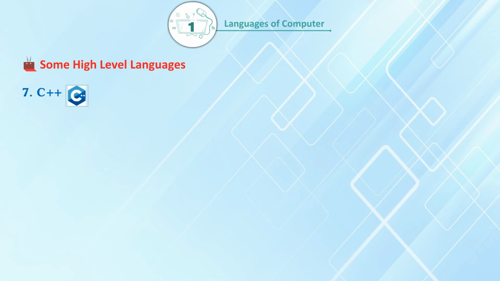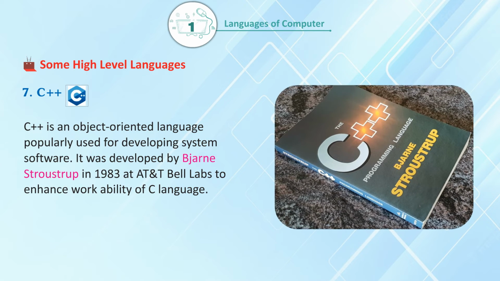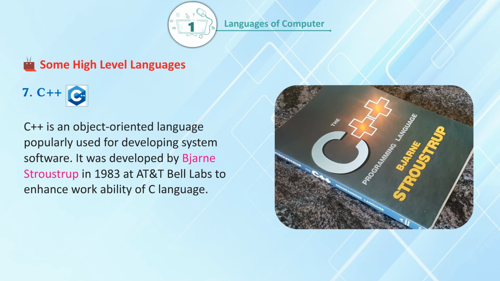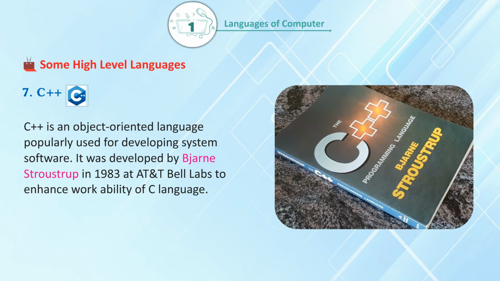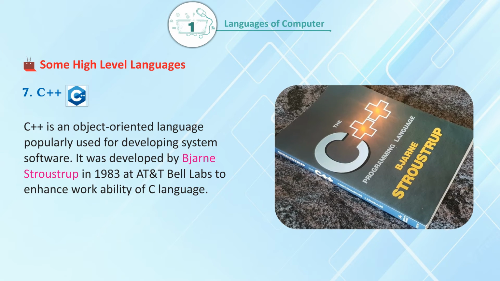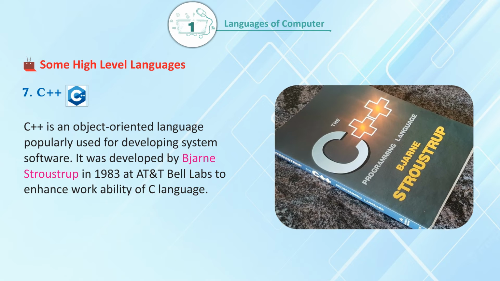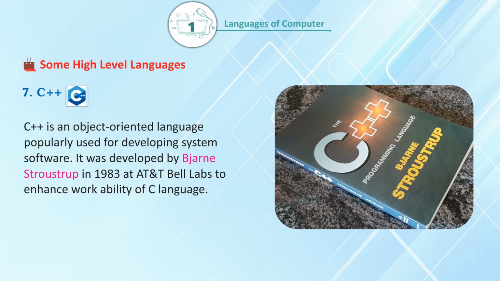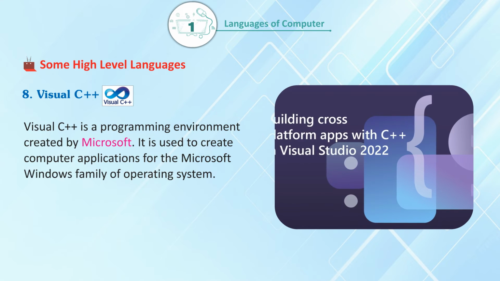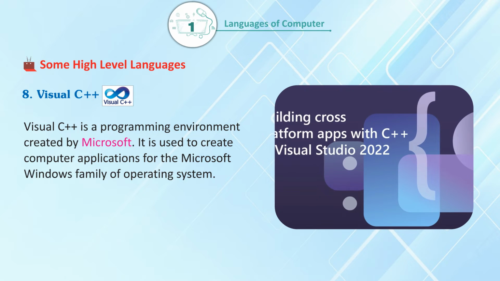C++. C++ is an object-oriented language popularly used for developing system software. It was developed by Bjarne Stroustrup in 1983 at AT&T Bell Labs to enhance the workability of the C language. Visual C++. Visual C++ is a programming environment created by Microsoft.